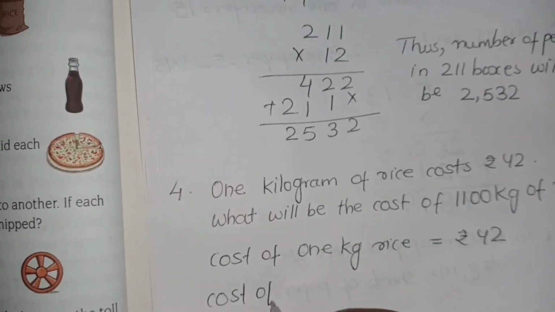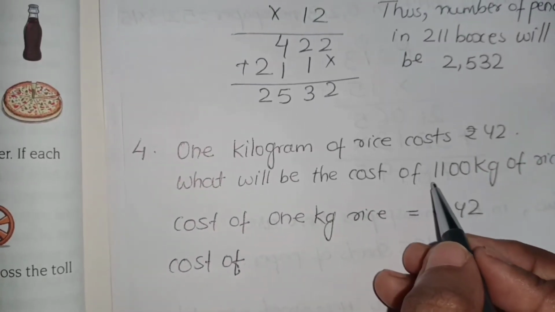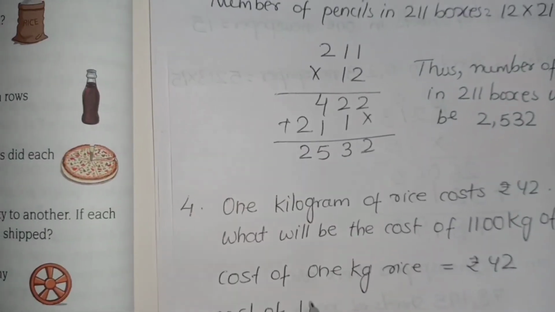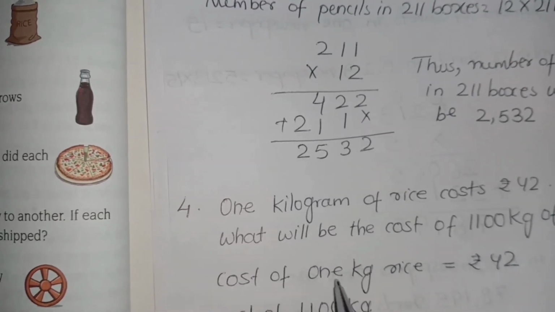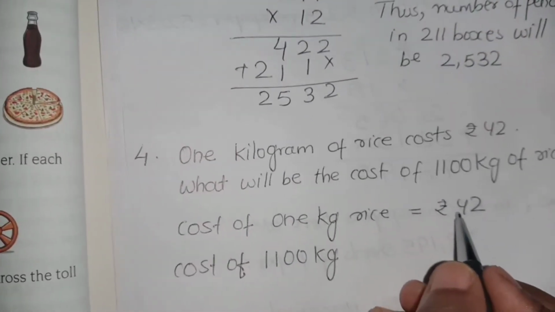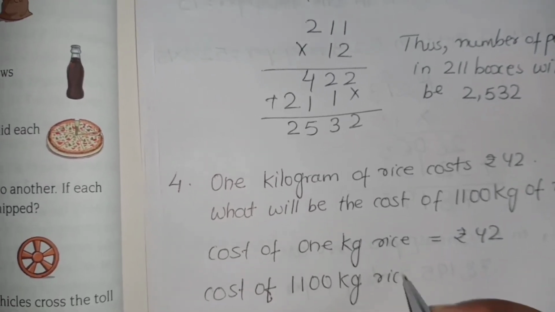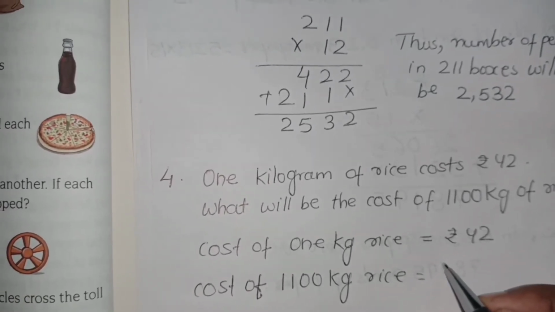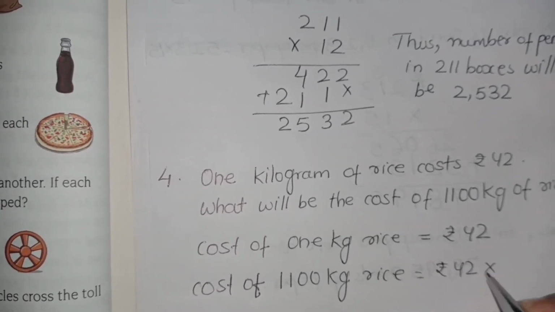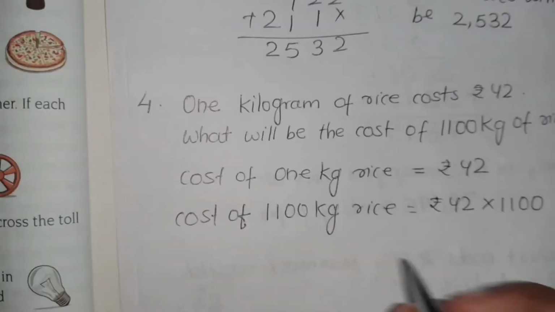Cost of 1100 kg. Cost of 1 kg rice is how much? 42. Cost of 1100 kg rice equals how much? What do you have to do? Rupees 42 into 1100.